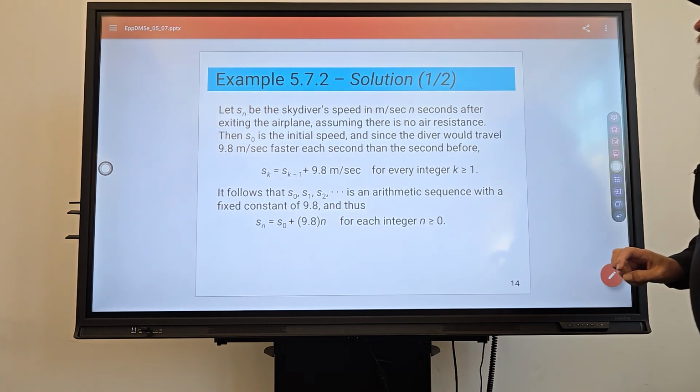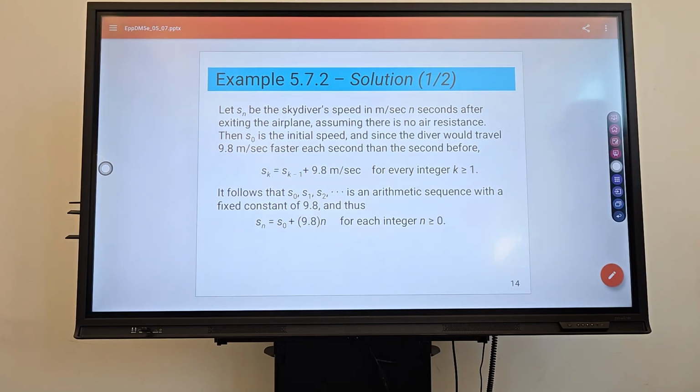Well, let S sub n be the skydiver's speed in meters per second, n seconds after exiting the airplane, assuming there's no air resistance. Then S sub 0 is the initial speed. Since the diver would travel 9.8 meters per second faster each second than the second before, S sub k equals S sub k minus 1 plus 9.8 meters per second.